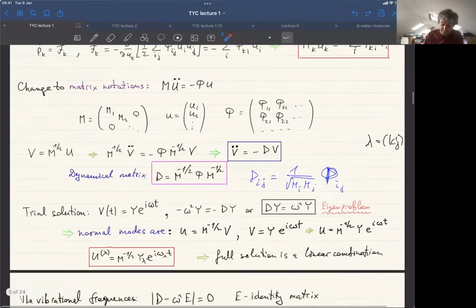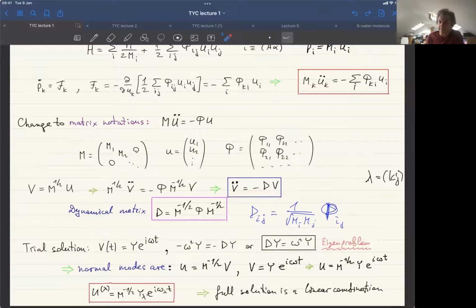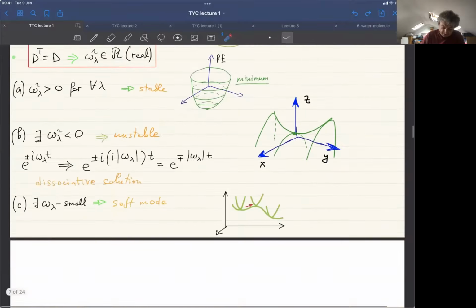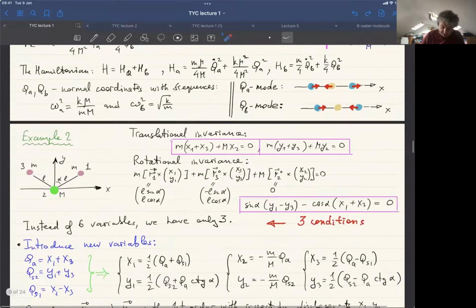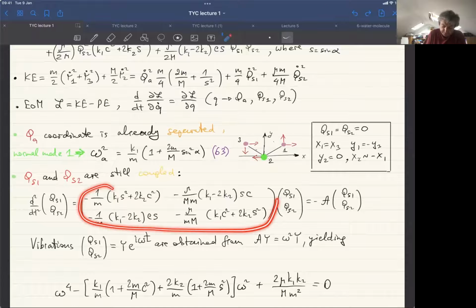Here, yeah. But this time we have a two-dimensional problem only. Essentially, the solution would be a sum of the solutions associated with the eigenvectors of the dynamical matrix. And here, the effective dynamical matrix will be given by this matrix, which comes from the kinetic and potential energy, essentially.